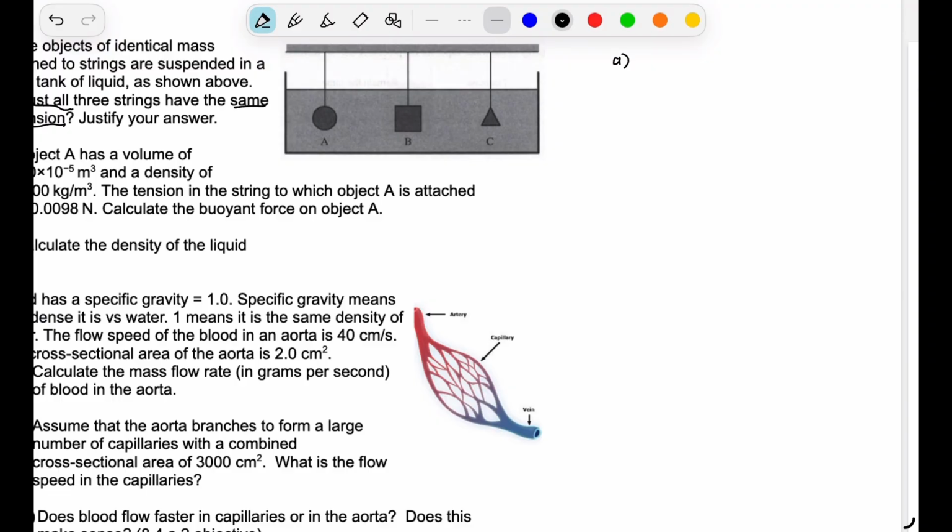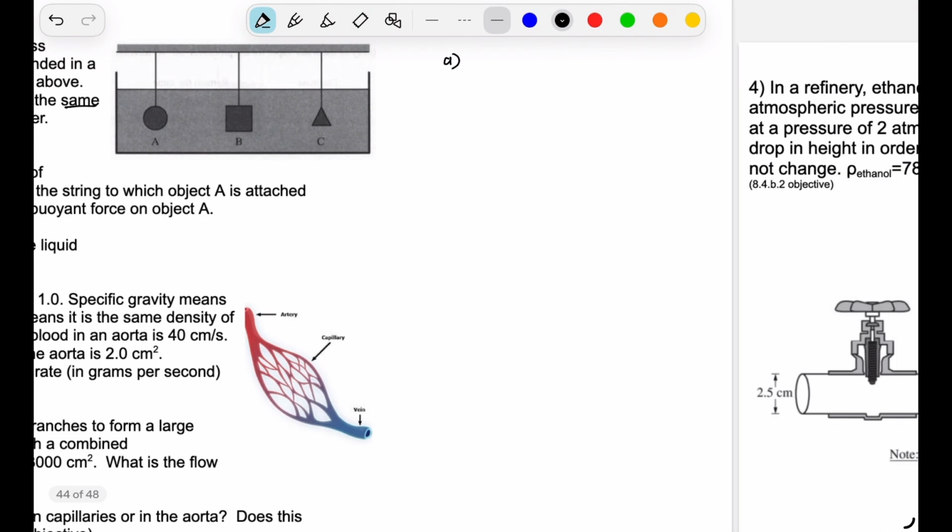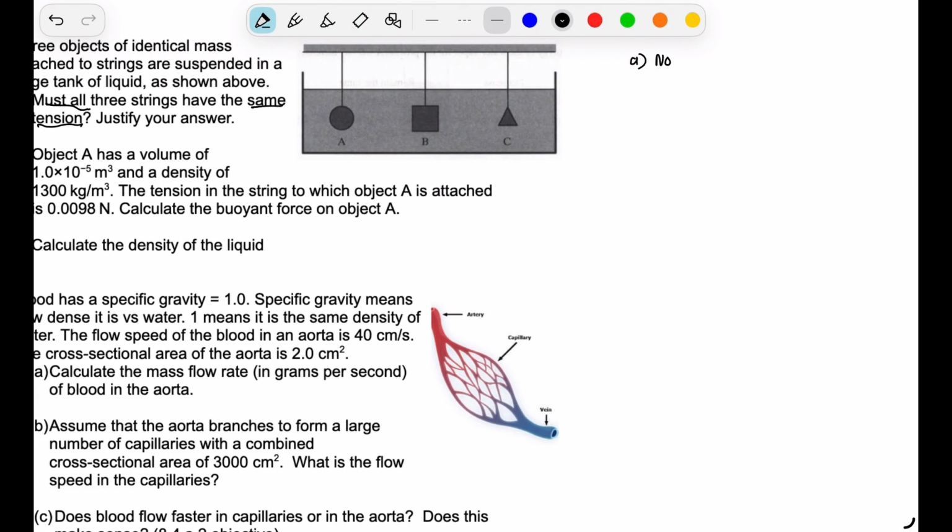So, for this question, part A, our answer is no, not necessarily. That's because each object is in equilibrium.